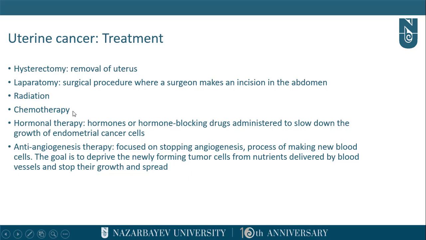Or radiation, chemotherapy, and also hormones or hormone blocking drugs are given to women in order to regress the growth of endometrial cancer cells. And also a very important one is anti-angiogenesis therapy, which is focused to stop angiogenesis, to stop the formation of new blood vessels that would supply nutrients for the growth of cancer cells.